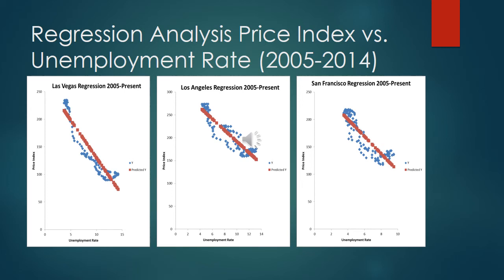So predictably, as the unemployment rates went up because of this recession, there's less people with jobs, so there's less people making money, which means people are being a lot tighter with how they spend their money, not wanting to go out there and invest in the housing market like they were before.